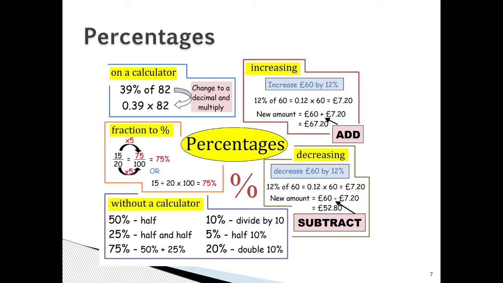If you want to calculate 10% of a number, you divide by 10. If you want to calculate 5% of a number, you calculate 10%, and then you find half of that. And if you want to calculate 20% of it, you calculate 10% of the number and then double it.